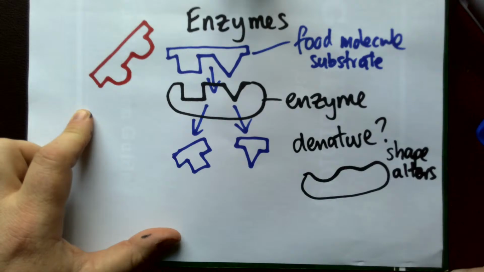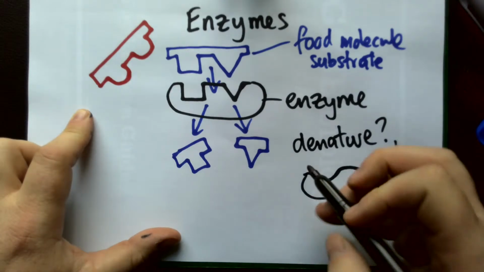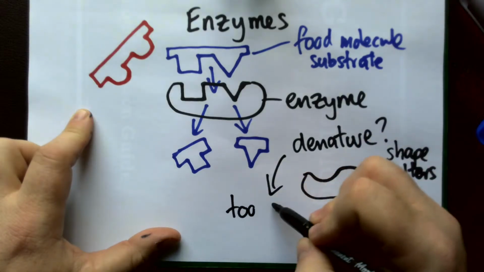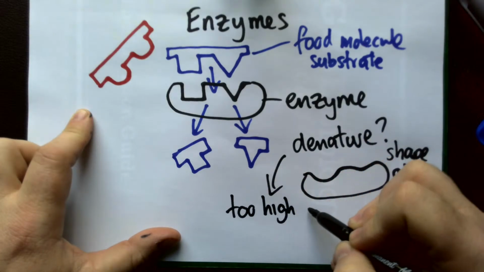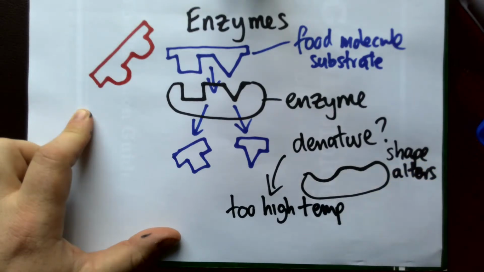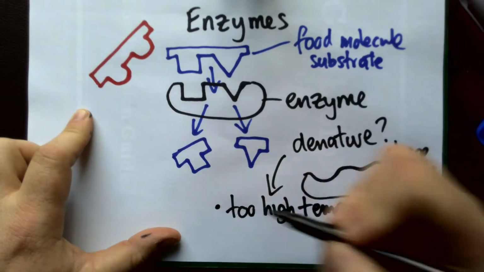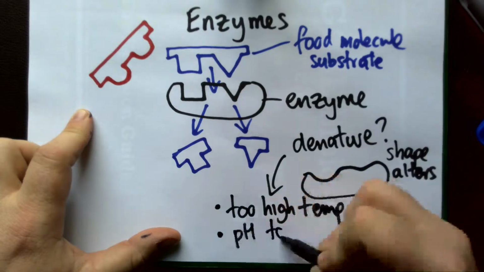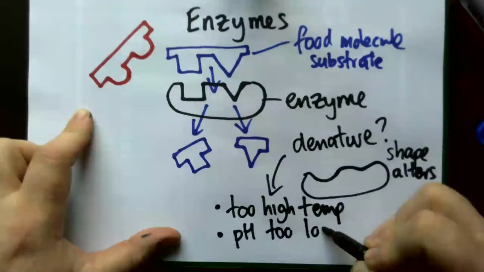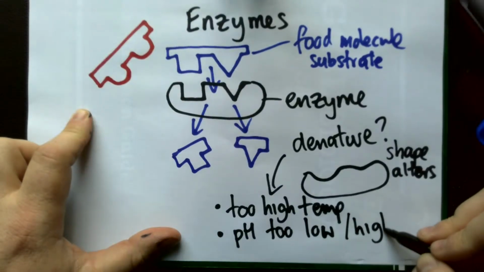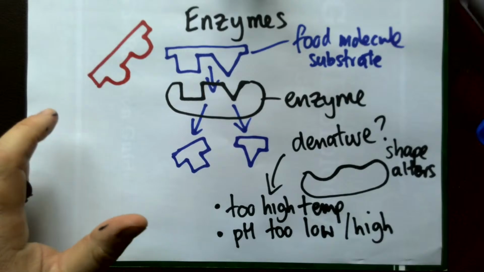But what could cause that? There's a couple of things. It could be that the temperature is too high. That's one reason. Another reason could be the pH is too low, so that would be acidic, or too high, which would be alkali.